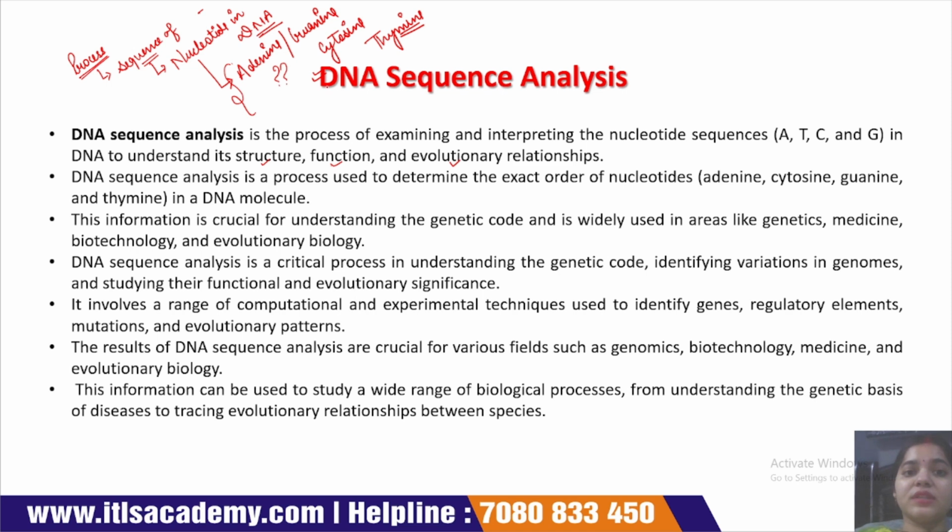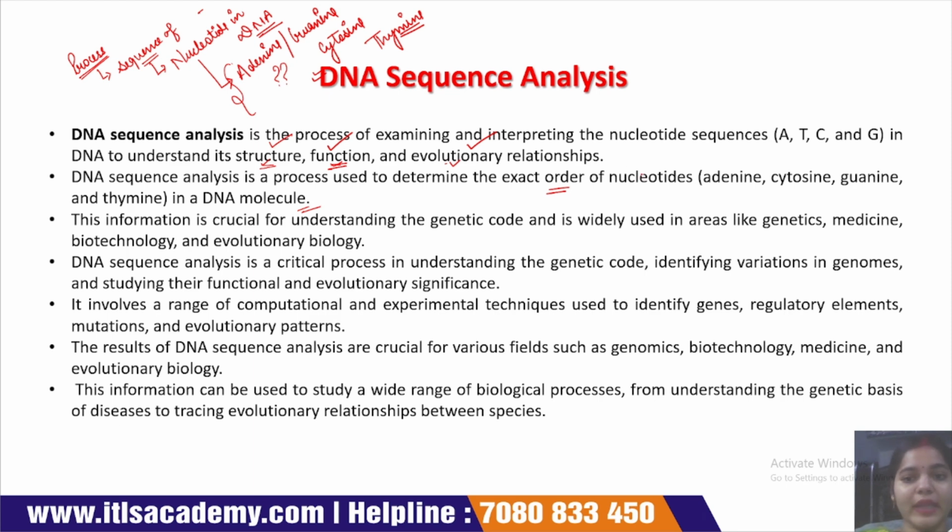We perform this DNA sequence analysis because we want to understand the structure, function of DNA, and evolutionary relationship. DNA analysis is the process to determine the exact order of nucleotide sequence in DNA molecules.